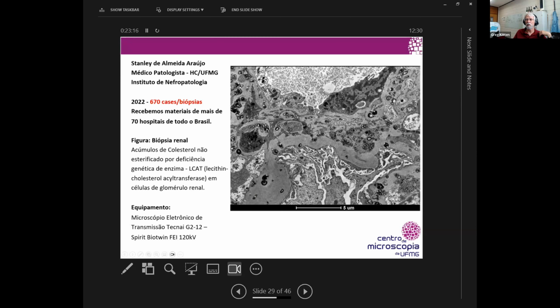So now they come and are autonomous on our microscopes, and they purchased equipment, microtomes and materials. They do their own embedding and sectioning, and then they come here and only use the microscopes, usually at night. So our systems are used very heavily by this company that does diagnostic biopsies here in Brazil.